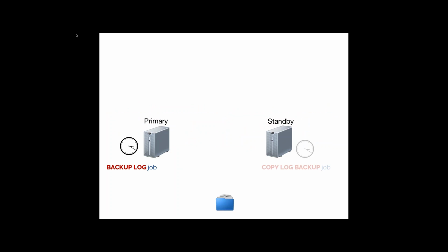On the standby database server, you have the copy log backup job, which copies the transaction log backup you took from the primary, and then a restore log backup job runs to restore.